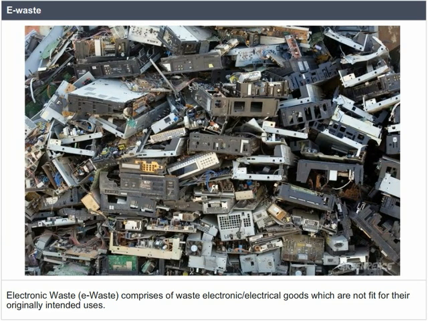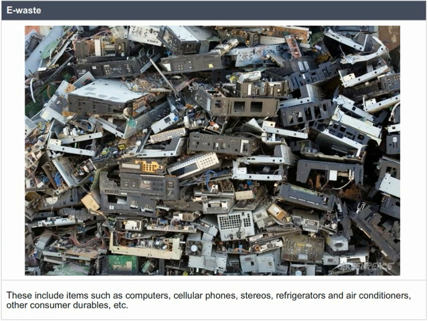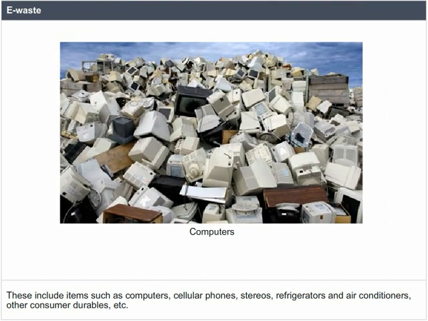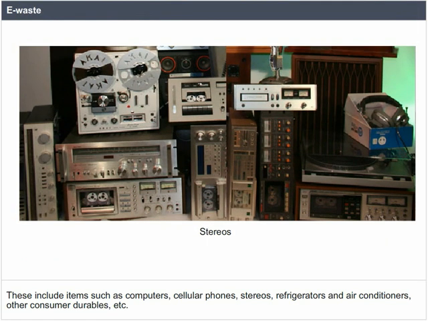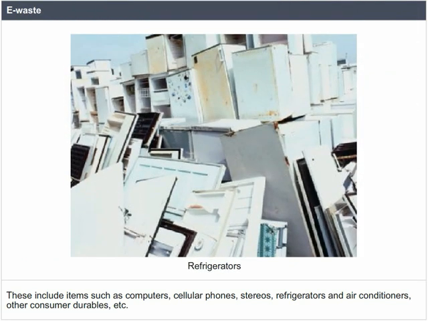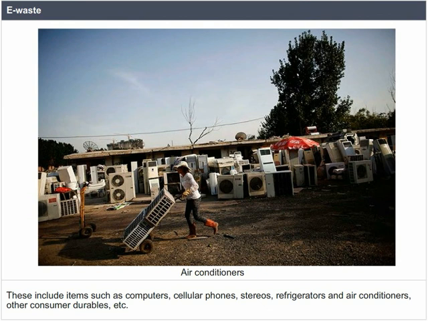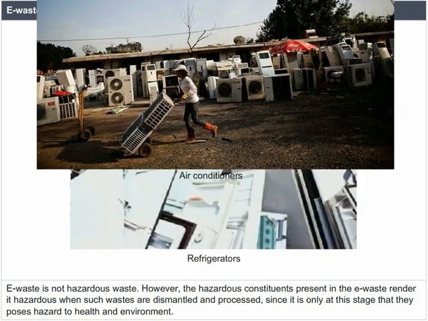E-waste. Electronic waste comprises waste electronic or electrical goods which are not fit for their originally intended uses. These include items such as computers, cellular phones, stereos, refrigerators, air conditioners, and other consumer durables, etc. E-waste is not hazardous waste.